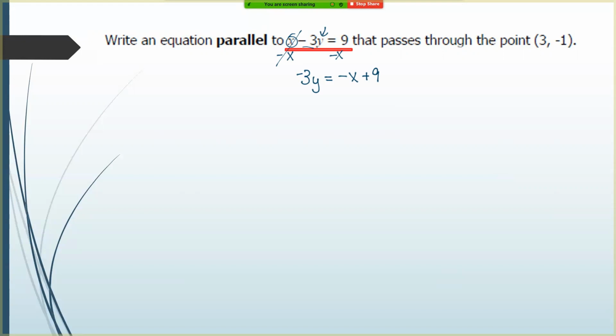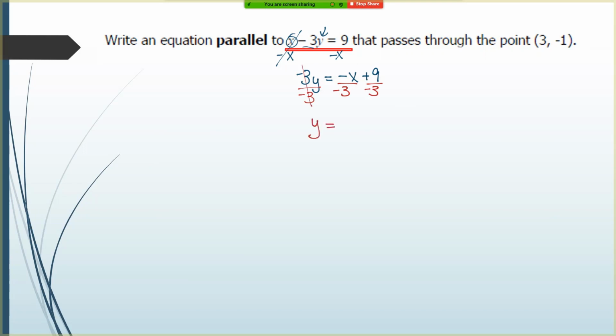And then to get rid of that -3, the -3 does not have a symbol between it and the y. If there's no symbol between those two, it's got to be multiplication. If I want to get rid of multiplication, my only option is to divide. When you divide, you're going to divide every single term by -3.